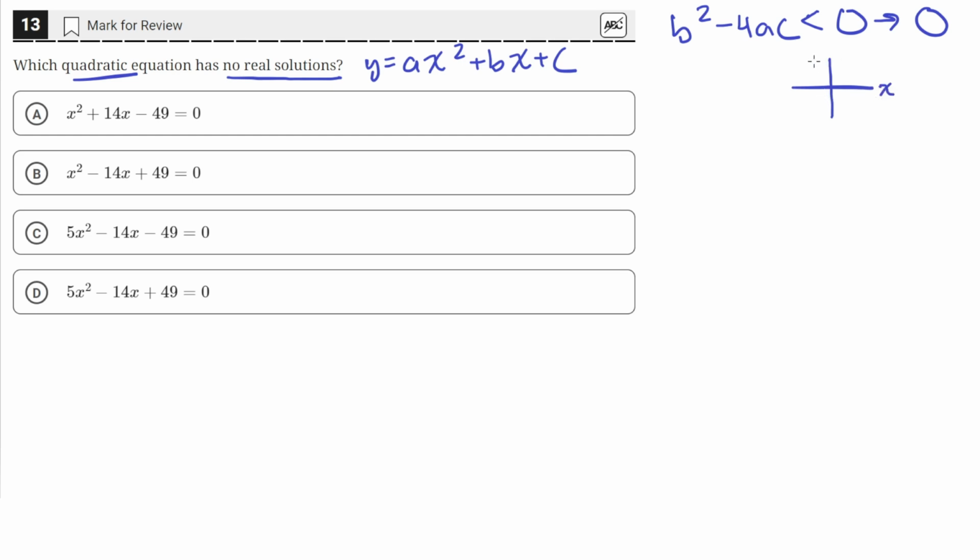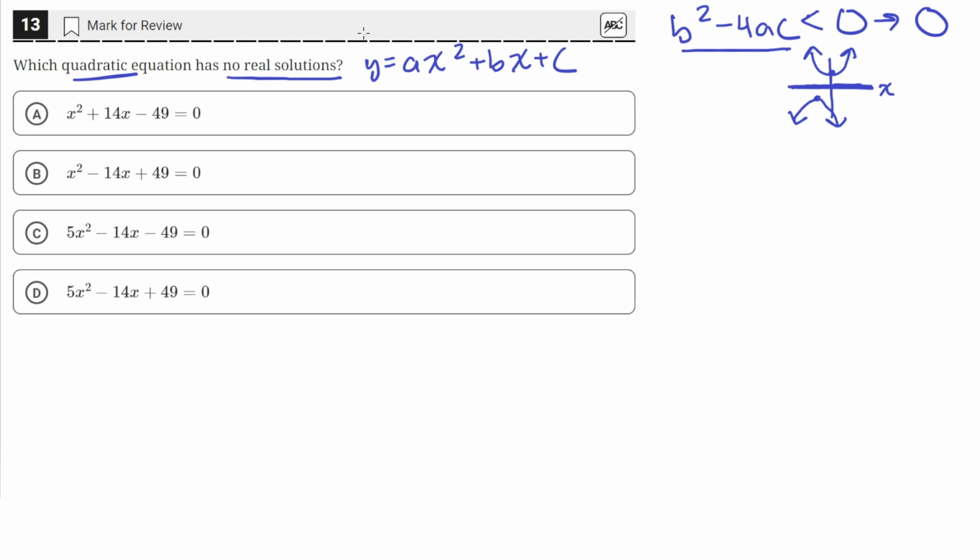So when the discriminant is less than 0, you have a parabola that doesn't cross the x-axis. It could look something like that, or it could be concave down and look something like that. But the vertex of the quadratic is above or below the x-axis, which means it never crosses the x-axis. So when the discriminant of a quadratic is less than 0, it means that the y value never equals 0.